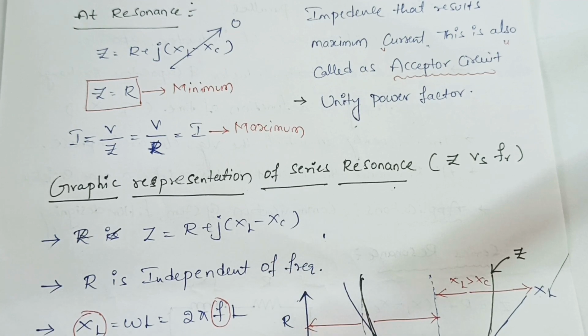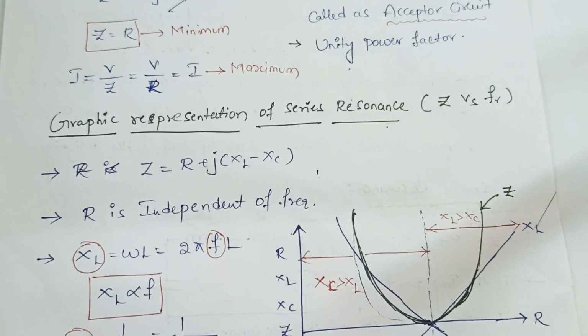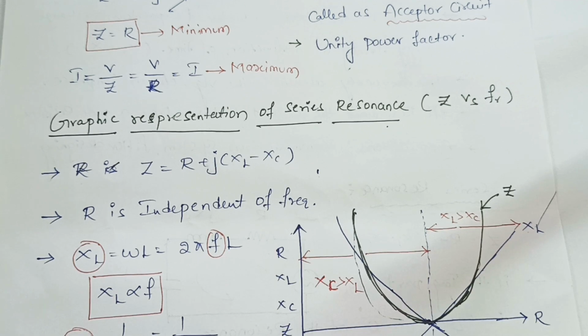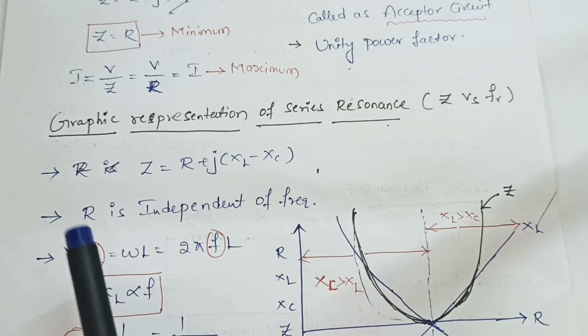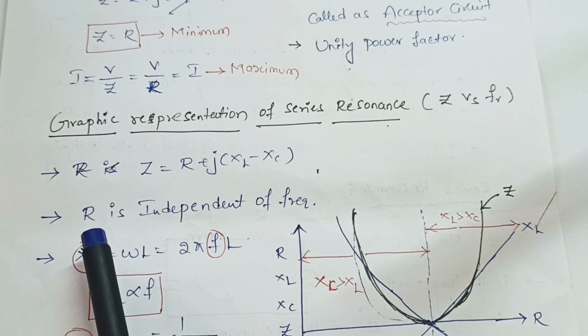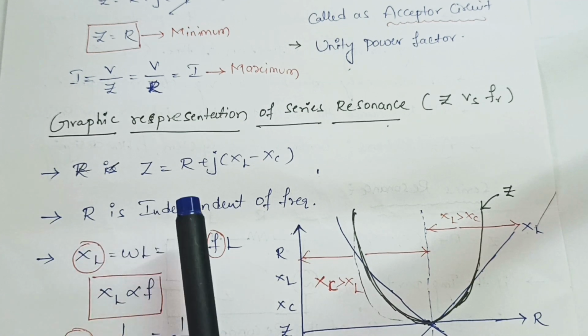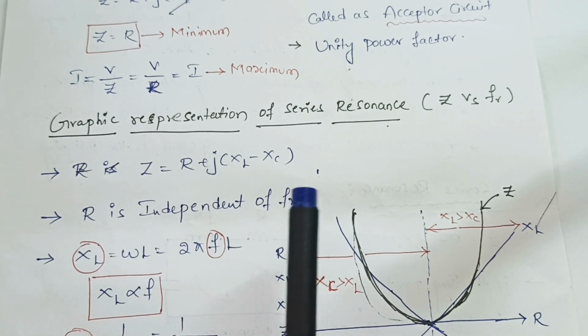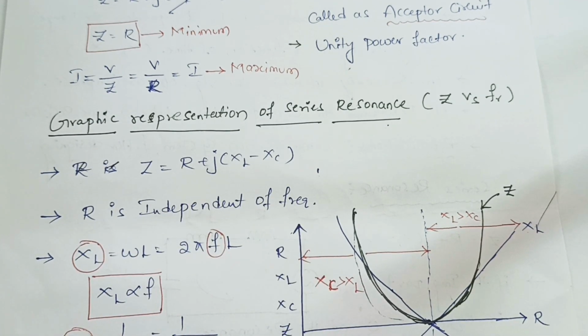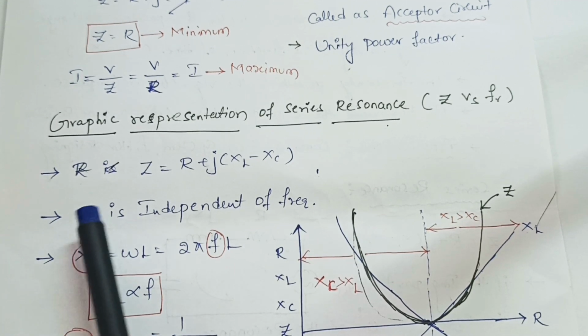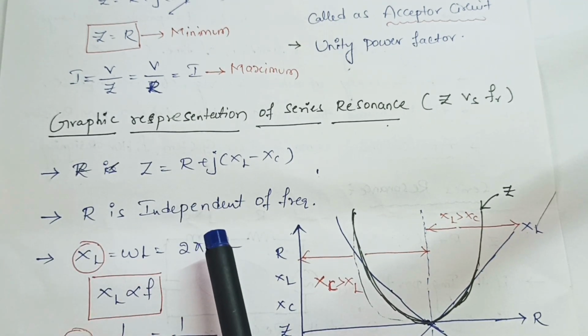Taking R, R is independent of frequency because there is no relation between resistor and frequency. That is the first point.